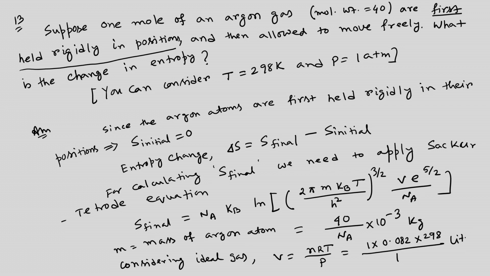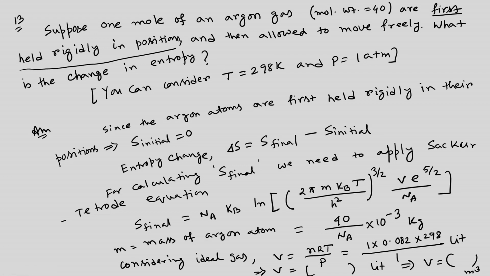So, this is in liter. So, we get V in some value of liter. From there, we need to calculate volume in some value of meter to the 3. We have to convert it.